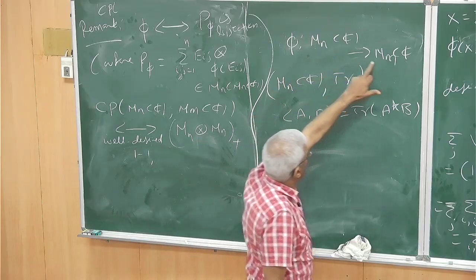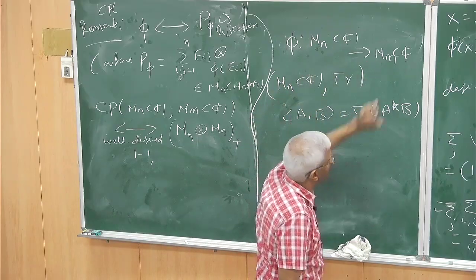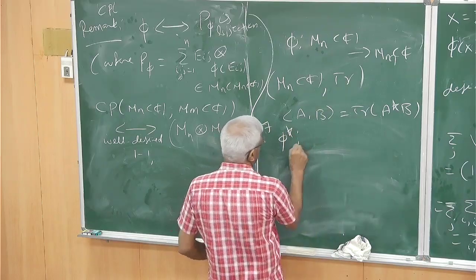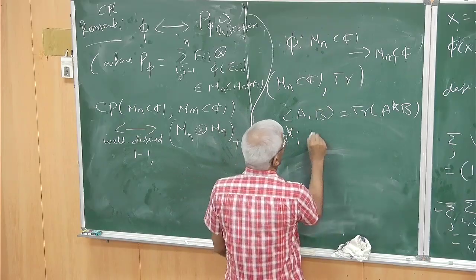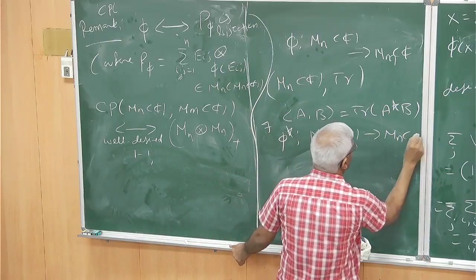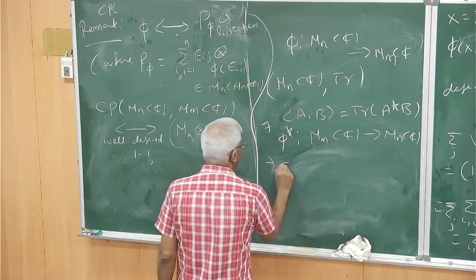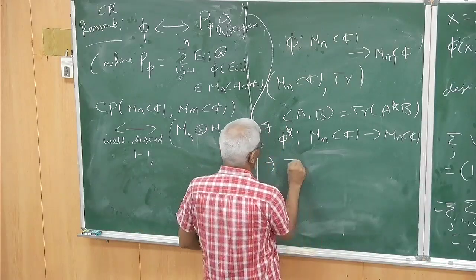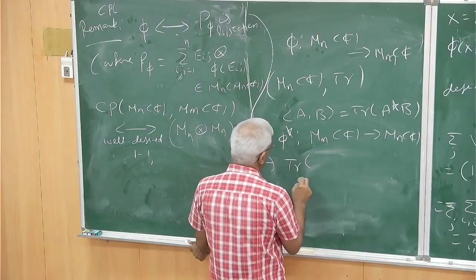So there exists a phi star, the adjoint, just same Hilbert space theory, from M_n(C) to M_n(C), such that we can compute the trace.